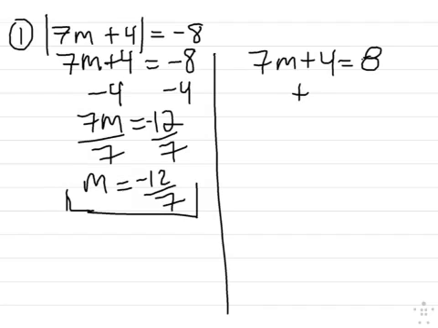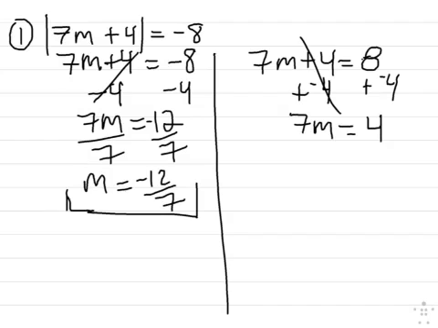Apply the opposite, the additive inverse. Okay, and there's cancel, we get 7m. I'll cancel those two also right here. We get 7m equals 4, +4, right? Different sign, take the difference. And then multiply by 1/7, multiply by the reciprocal on both sides.